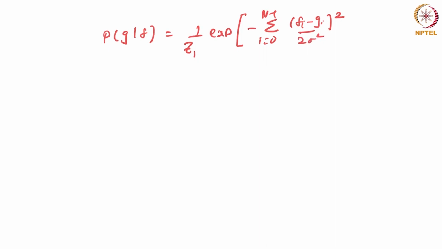The probability P of F we saw is also modeled as an exponential distribution, with some other normalization constant, exponential of minus u of omega. So what is this u of omega? This is often referred to as a clique potential.